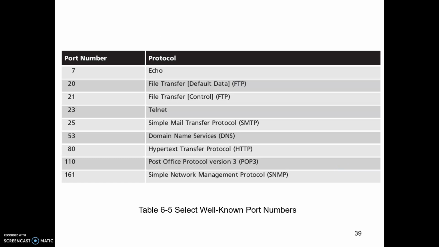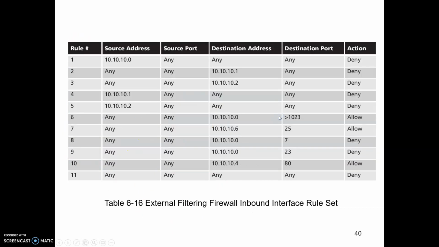The table on this slide shows firewall commonly known port numbers and their use. Those are the port numbers that are usually used, and those are the protocols that we use them for. The table on this slide shows a recommended rule set for an external filtering firewall inbound interface.